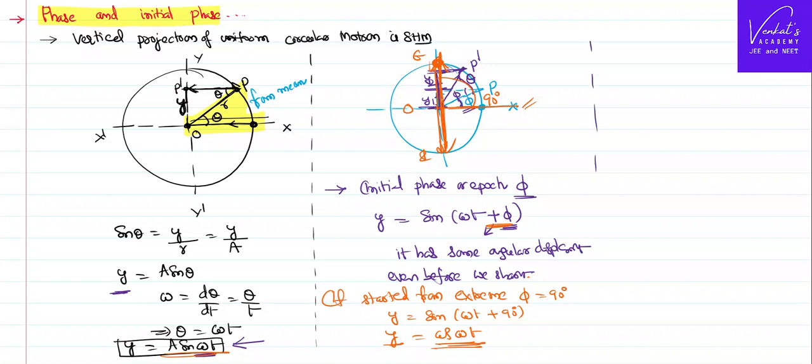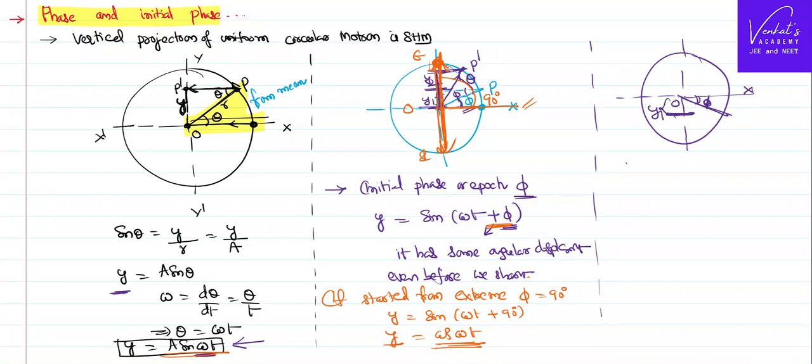Let me tell you one more possibility, so that we understand it clearly. Suppose before the beginning of the journey it has a phase phi below the x-axis, that is, a negative displacement, so y1 will come here.